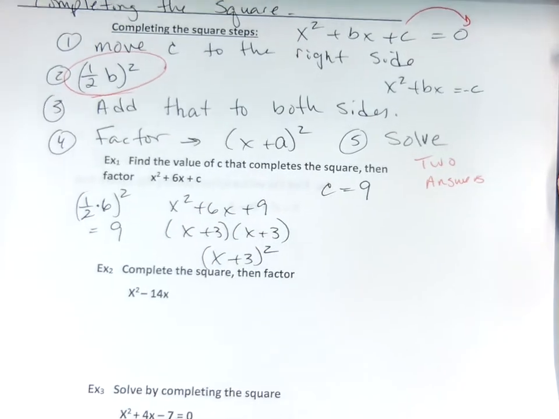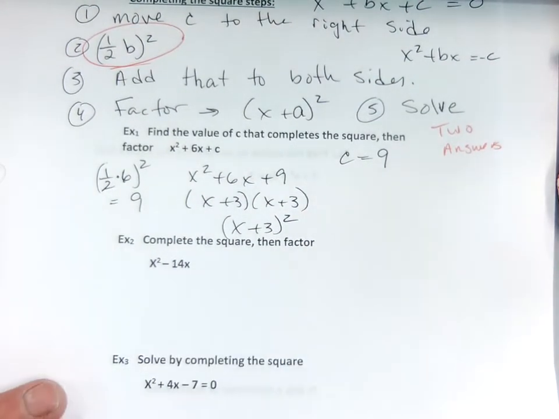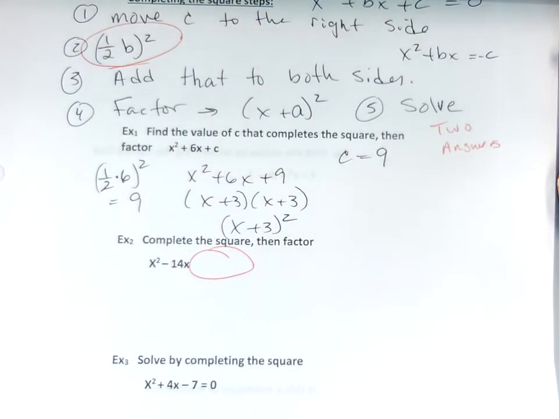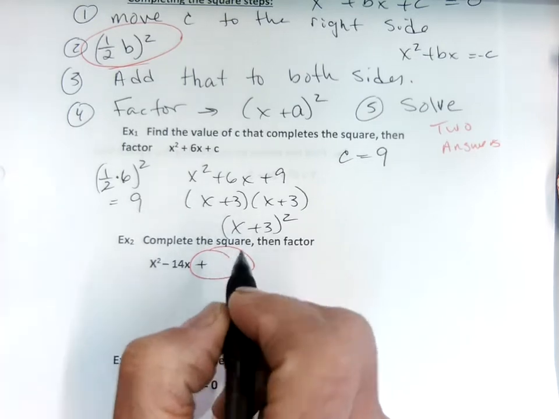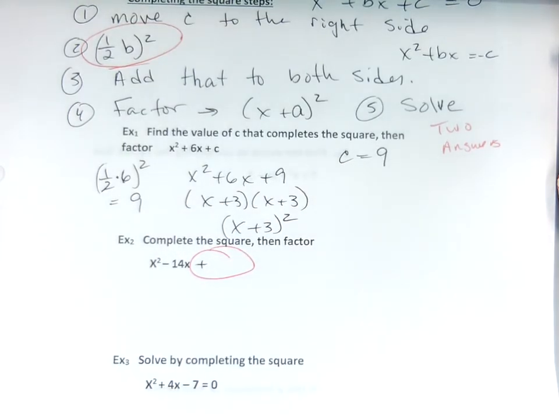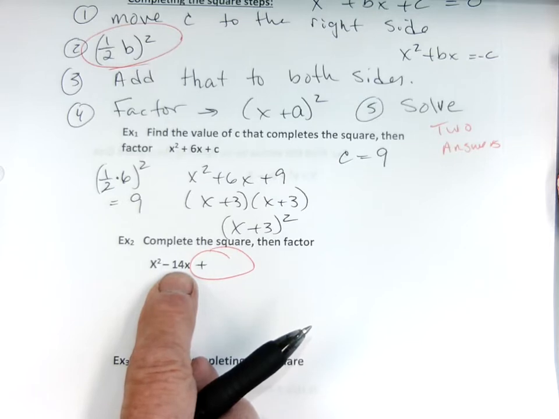Okay, so let's look at example 2. We need to find this number right here, plus whatever, so that we can factor. So it starts here. What's half of 14? 7.